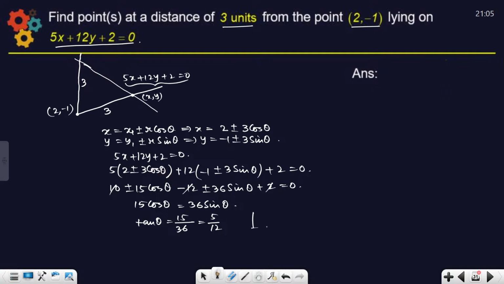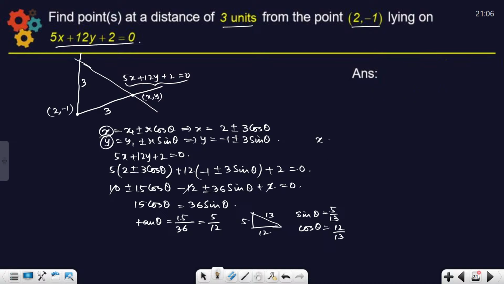If it is 5 over 12, so this is 5, this is 12. So from the Pythagoras theorem, this will be 13. So what will your sin theta be? 5 over 13. And what will your cos theta be? It's 12 over 13. Is it clear? So you got your sin theta, you got your cos theta. So you got your points.